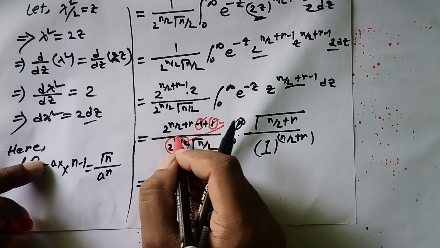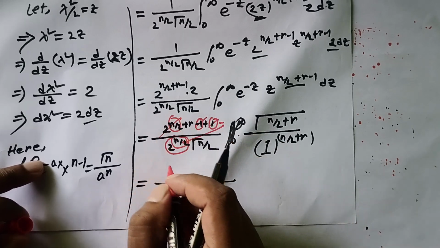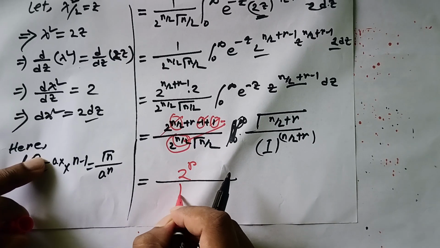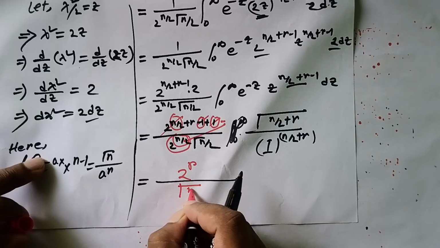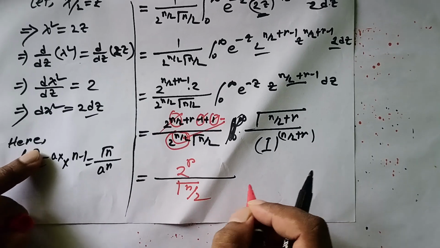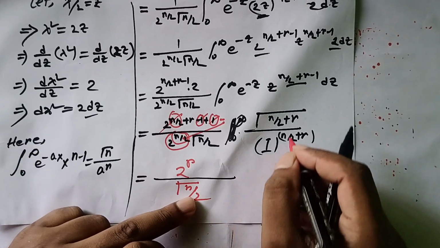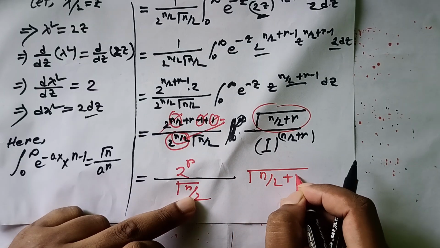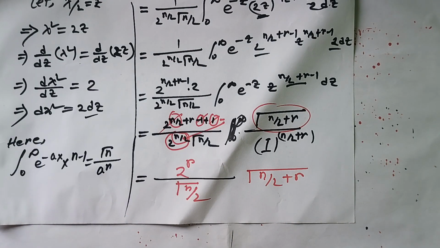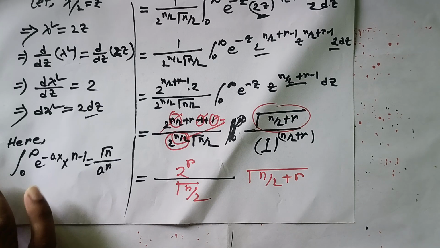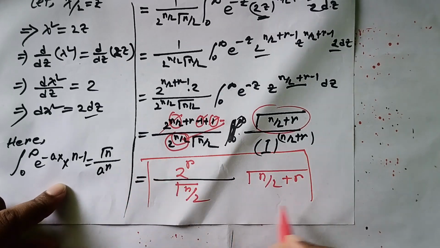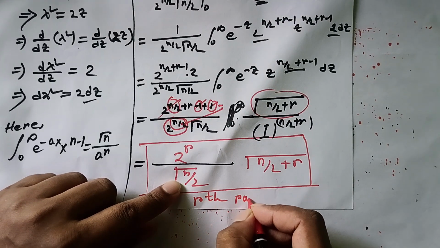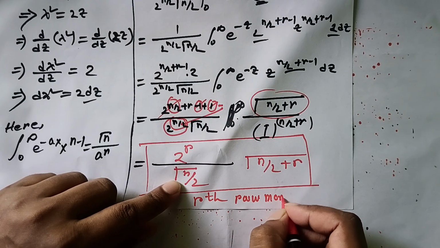So this minus and this one will be cancelled, so we will be left with 2 to the power r only, and at the denominator we will have 2 to the power n by 2 gamma n by 2 and this part gamma n by 2 plus r. And you know what this is? Yes, this whole thing is the rth raw moment.